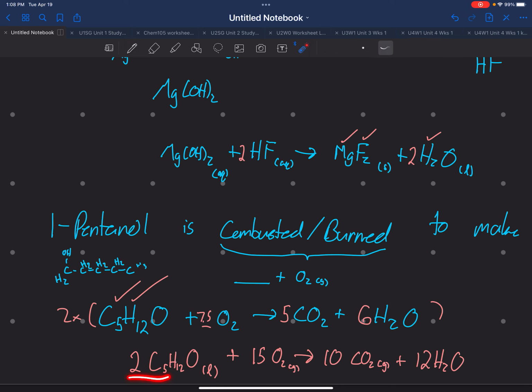So we got 10 carbons and then 10 carbons. We have 24 hydrogens. And how many oxygens do we have on this side? 10 times 2 is 20 plus 12, that's 32.